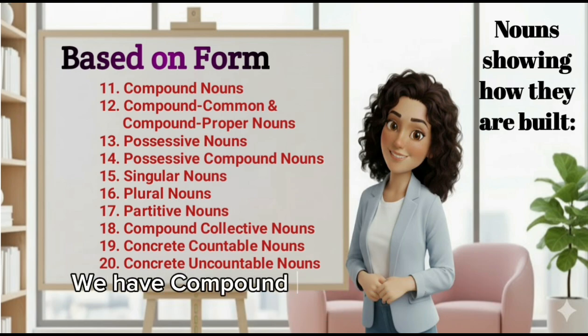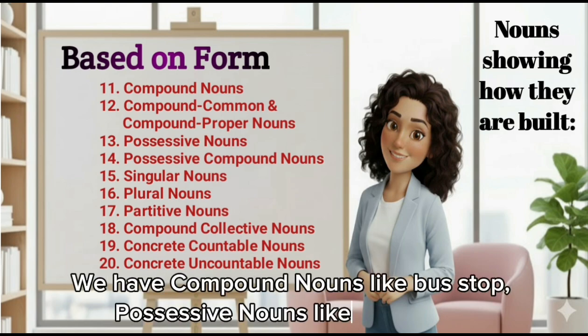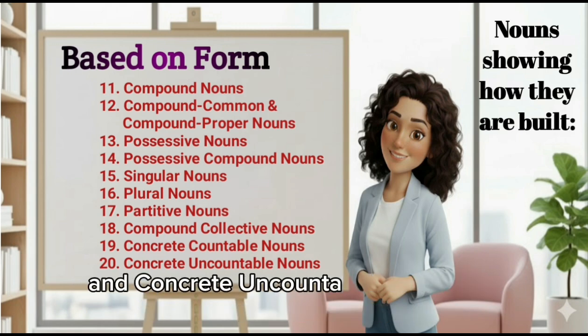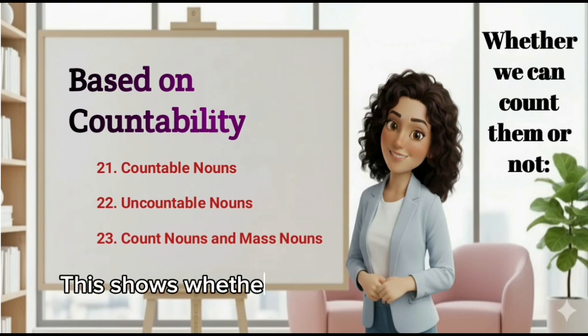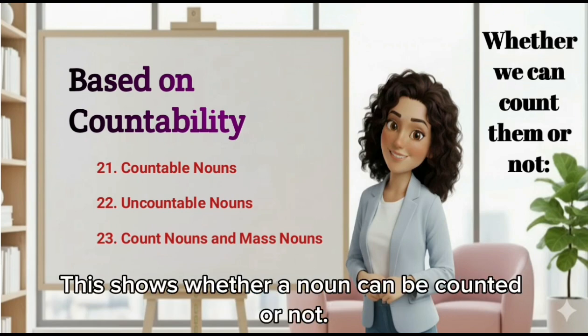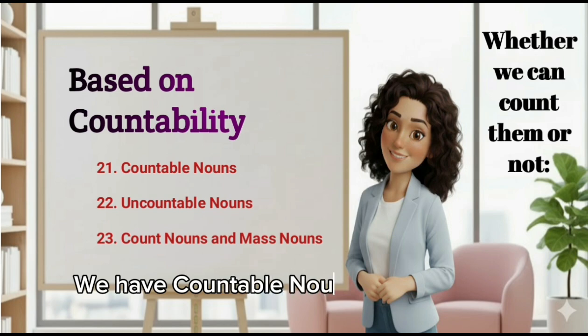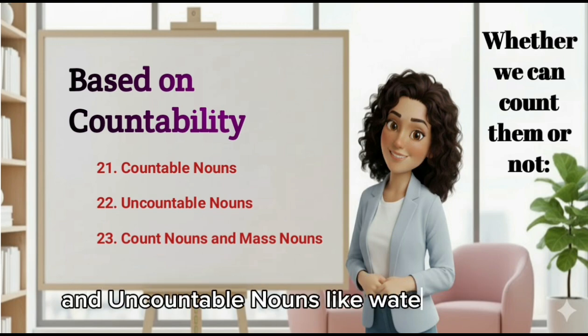We have compound nouns like bus stop, possessive nouns like girl's book, and concrete and countable nouns like water. Third, based on countability. This shows whether a noun can be counted or not. We have countable nouns like book and car, and uncountable nouns like water and rice.